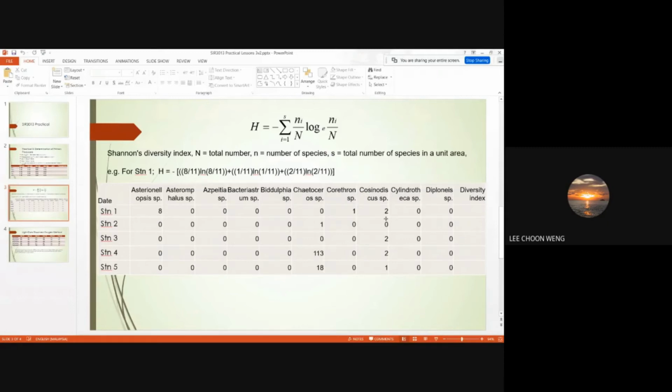2 over 11. Okay. If you use PAST, there is a function there that allows you to calculate Shannon's diversity index. So you just need to copy and paste and arrange it in a manner that the software can understand, and then it will give you the output immediately.